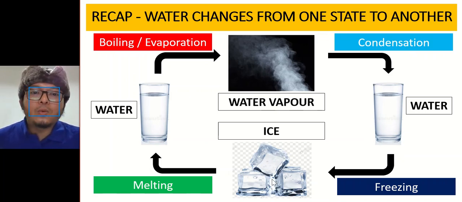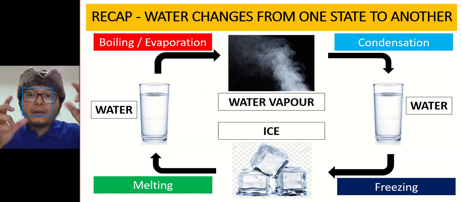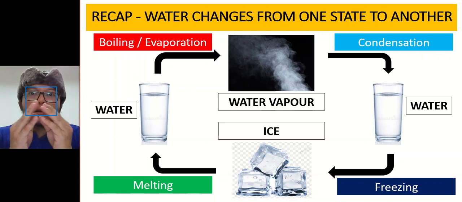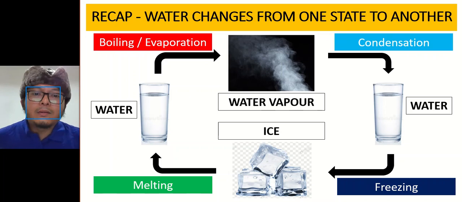It will change to water first, then freeze. Because water vapor is too small. When you want to turn into ice, temperature will go down. So the small water vapor or steam will combine, become bigger water droplets, become water.